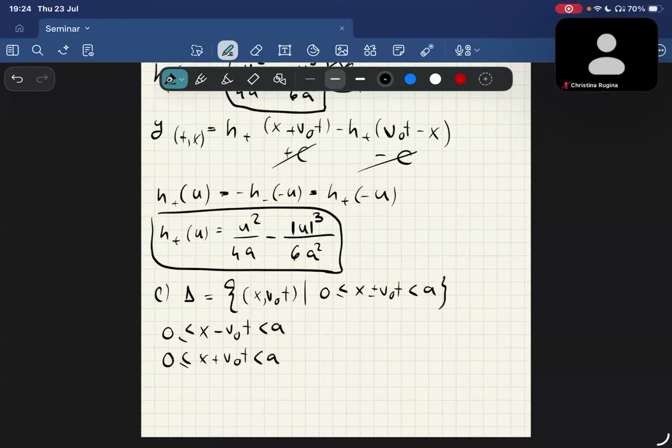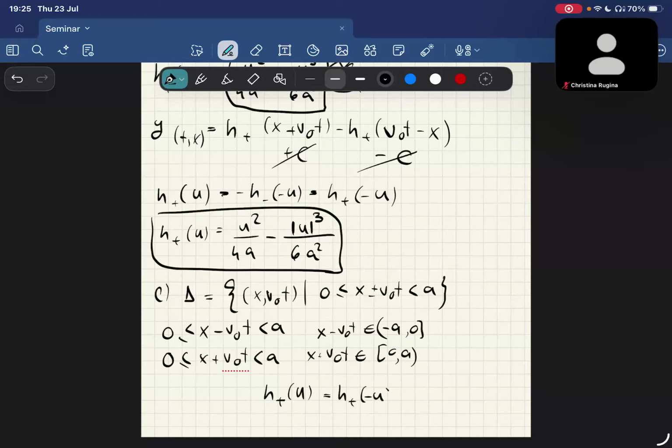Okay, that means that x plus v0t is in the 0-a domain, and x minus v0t is in the minus a-0 domain.